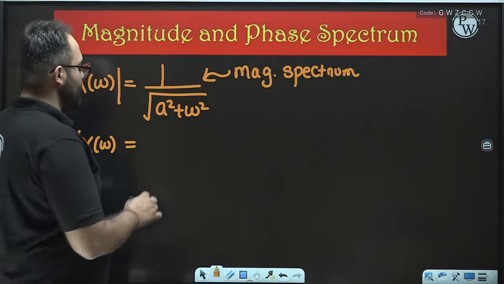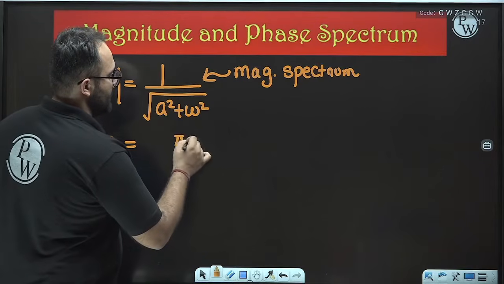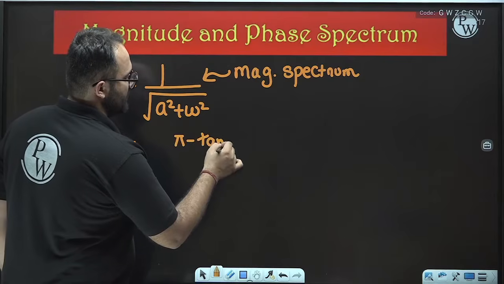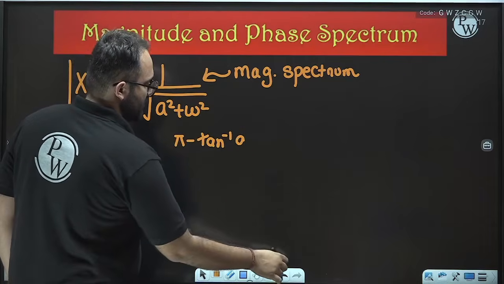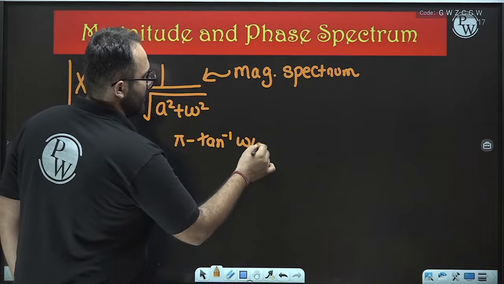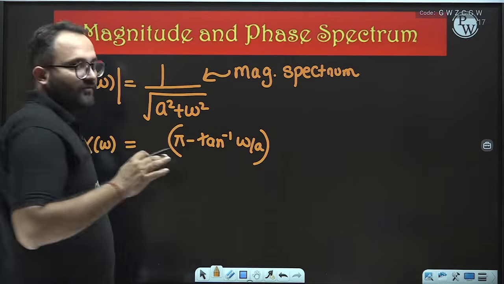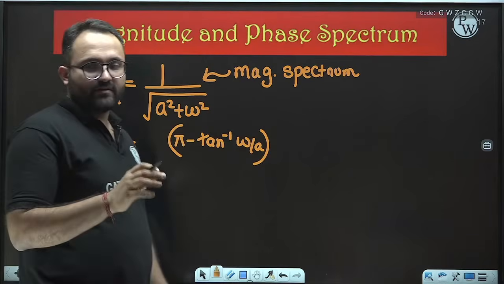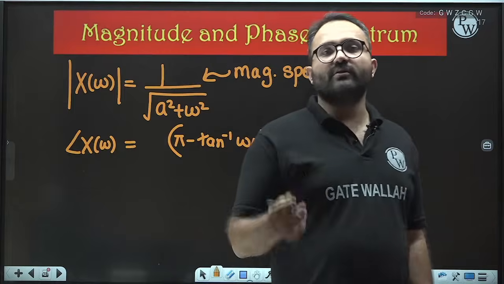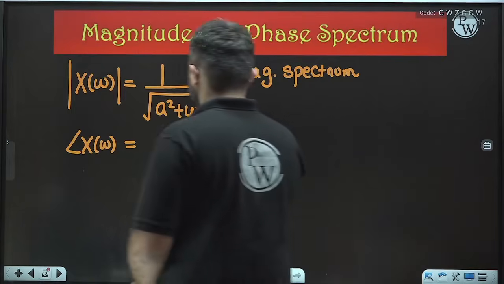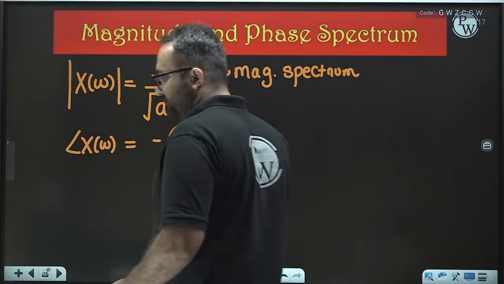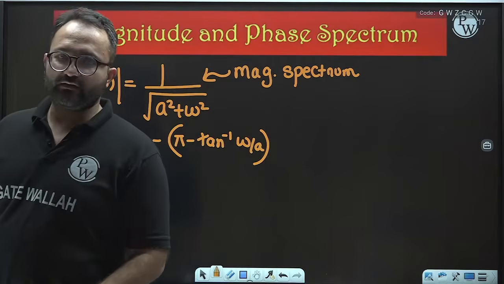So the phase will be pi minus tan inverse omega upon a, but this will be the phase of the denominator. Whenever the phase goes from denominator to numerator, we put a minus sign. This is the phase of x omega, this is the angle of x omega.